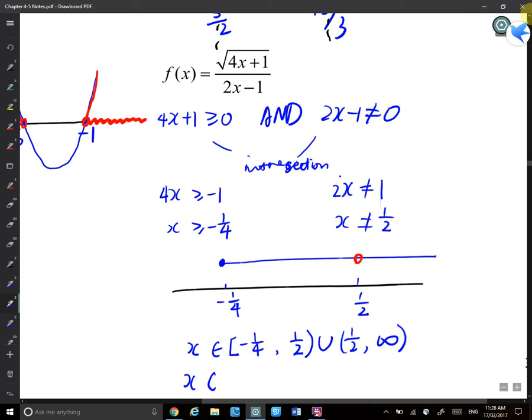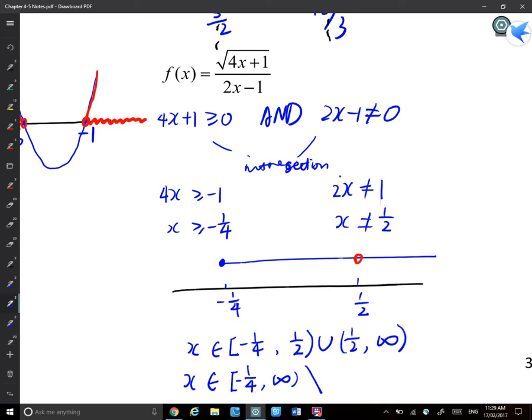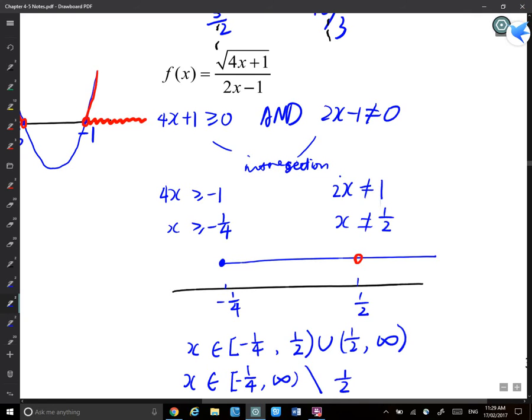The second way to write this will be a set from negative a quarter to infinity, excluding what? I'm excluding a point, not excluding a set of values. So I need to write that point in set notation. I cannot write a half like this, so I will write a curly bracket.